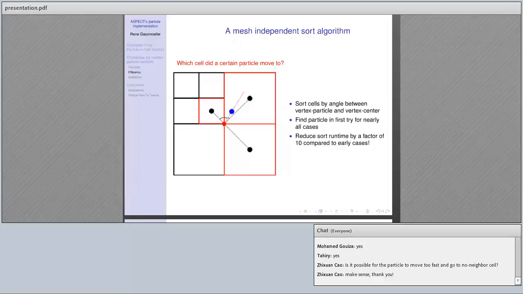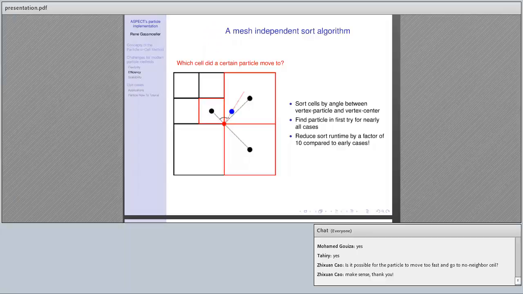And the cell that has the closest angle between the vertex-center connection and the vertex-particle connection is the one that we should check first. This should make sure that for nearly all cases, the first cell that we check will actually be the one that contains the particle.